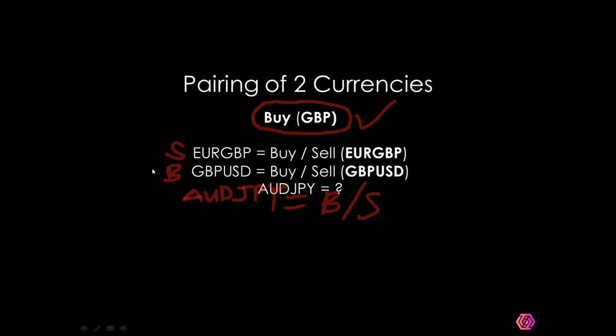So let me explain. The information is about GBP, right? And if you look very well, on the first one we have Euro GBP, you can see that GBP is the second currency. On this one, GBP is the first currency. What about this one? Is GBP here? There's no GBP. What does that mean? That means that we're doing nothing.